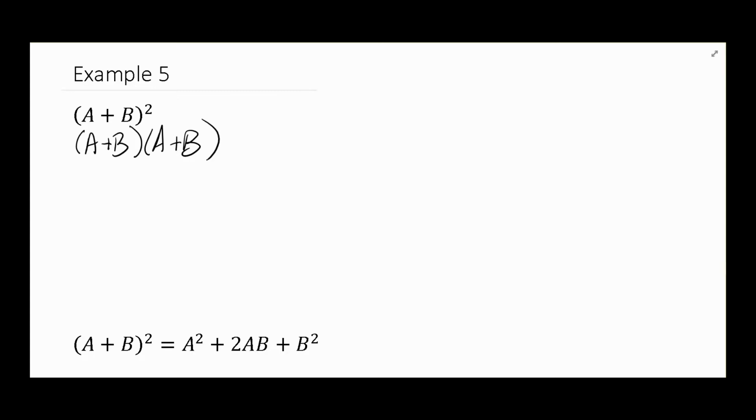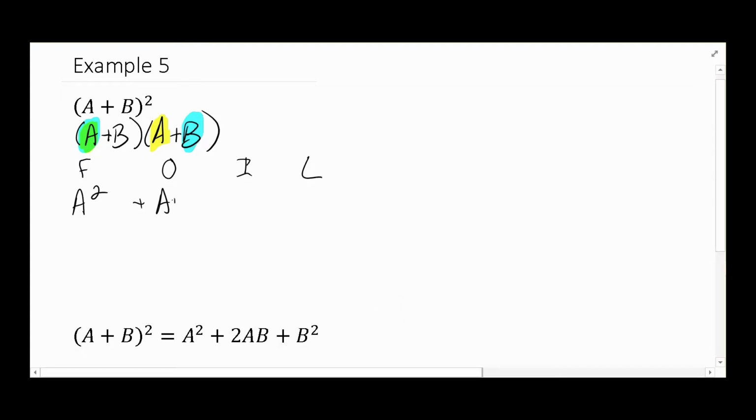So if you were to FOIL this out, then we could do first, outside, inside, last again, where first is a times a, which gets us a squared. We could then go with outside. Outside would be a times b. So that's our O, is an ab. And then if we went with the I, well, that's also ab.